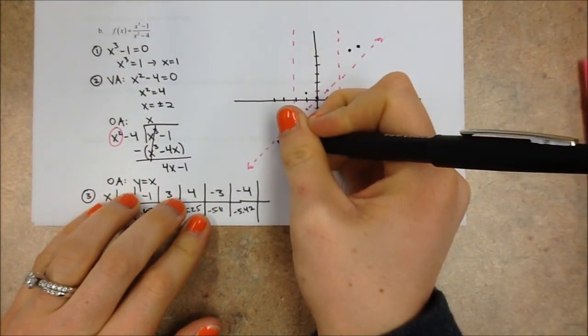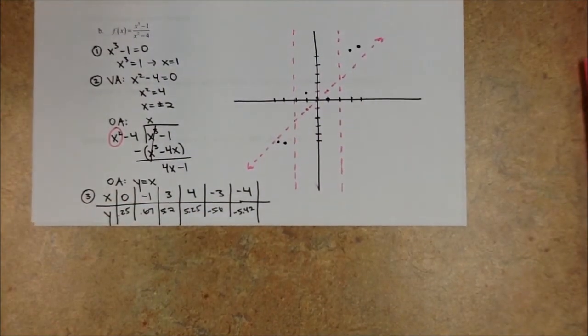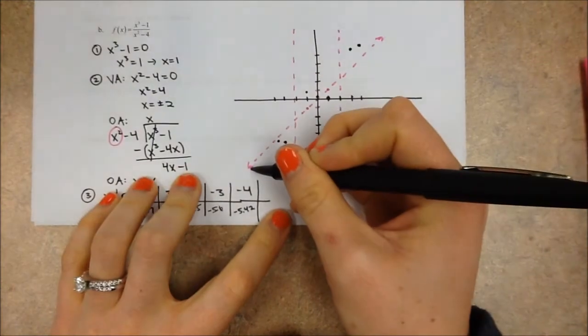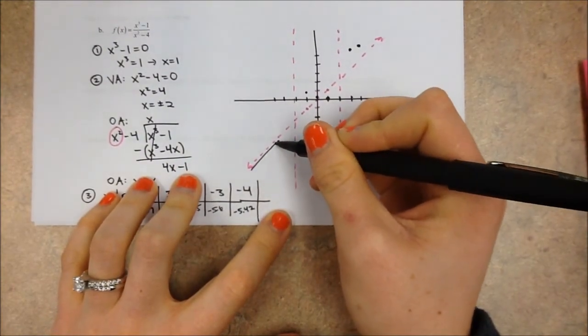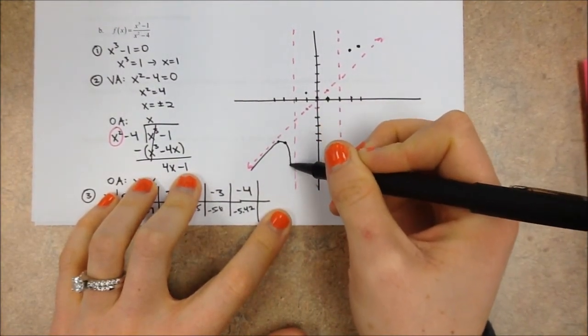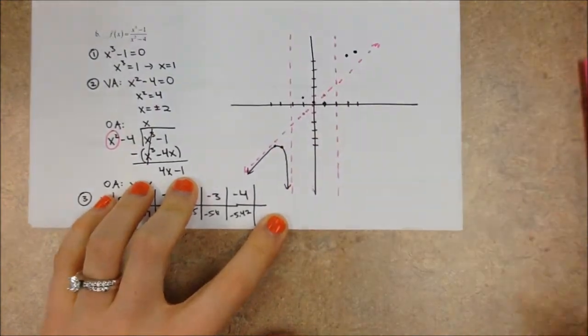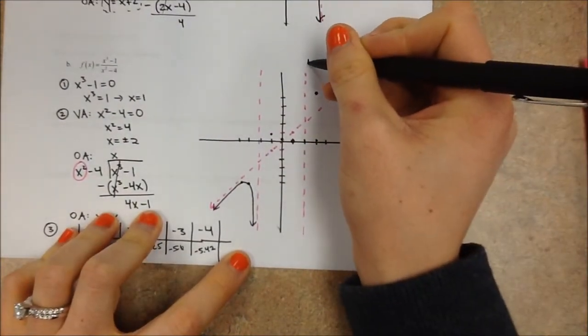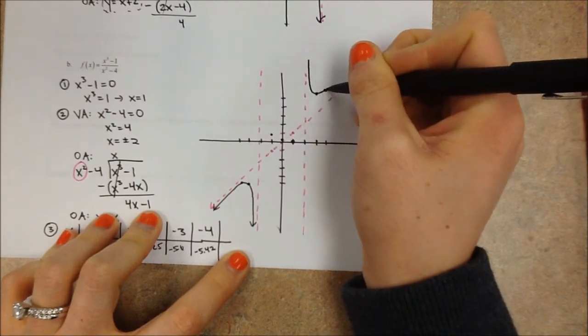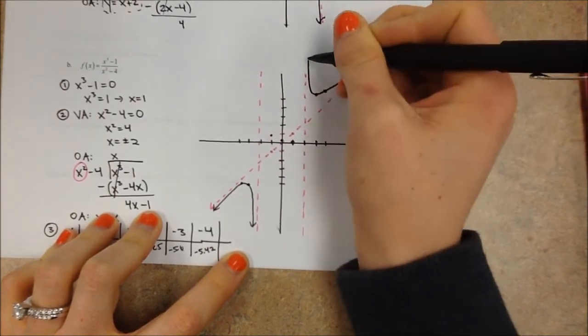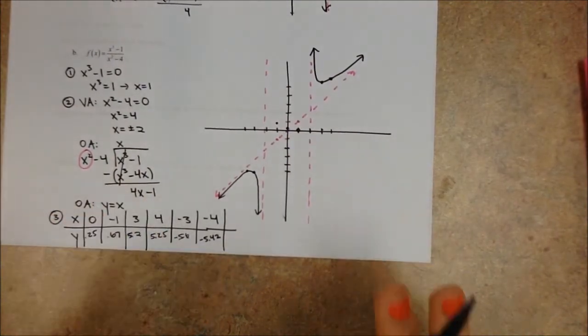Okay, so they're basically right on top of each other, like right about there. Okay, so these ones are pretty easy. This just kind of goes like this. You know, just really follows those pink lines. This one's going to do the same thing. Okay, so those two pieces make a lot of sense.